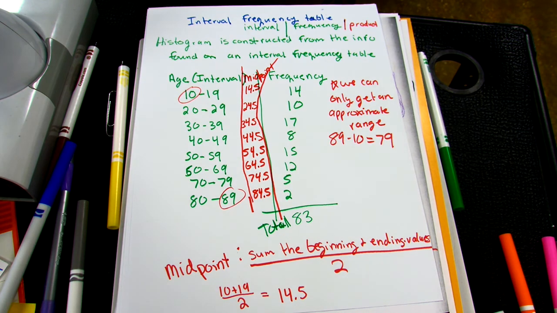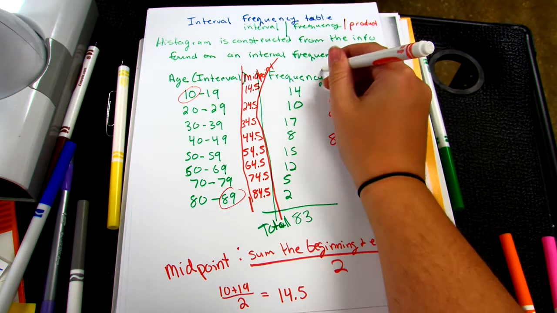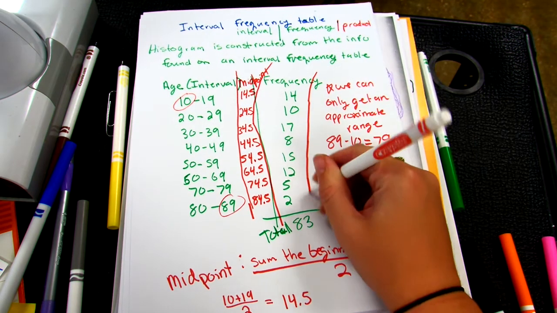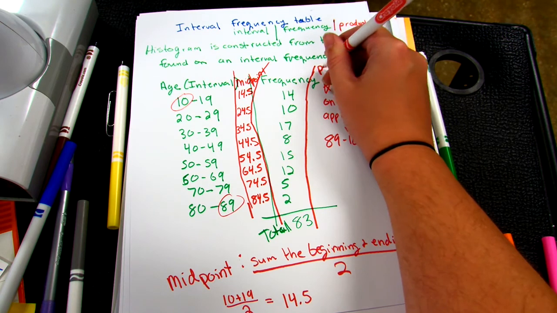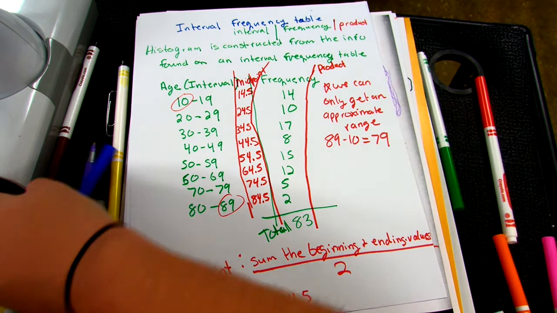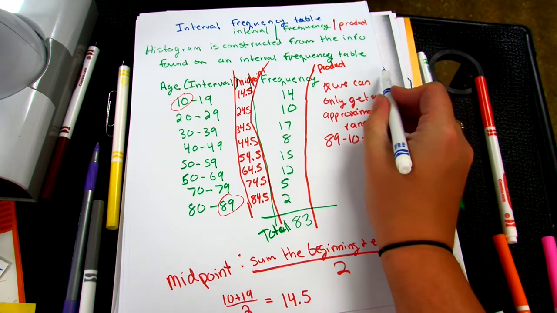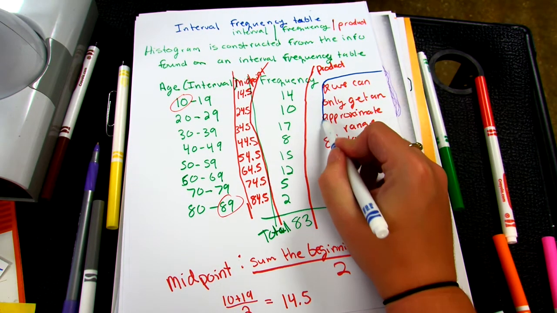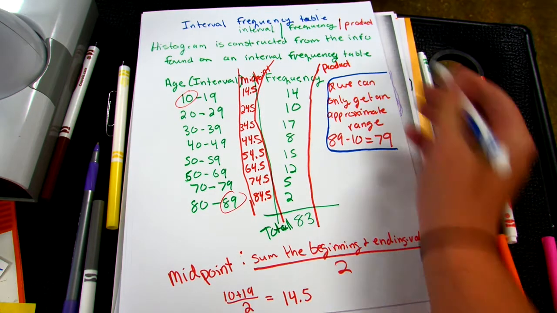Remember, our midpoints are used so that we can get a product column. I'm going to separate this a little bit.